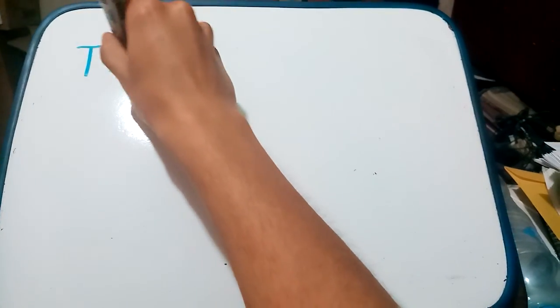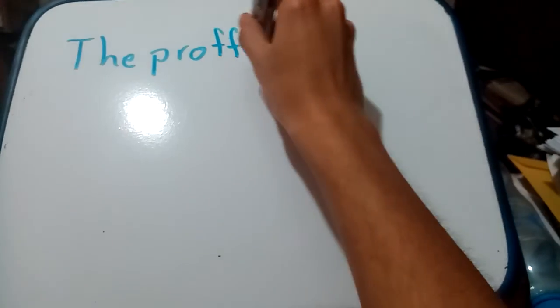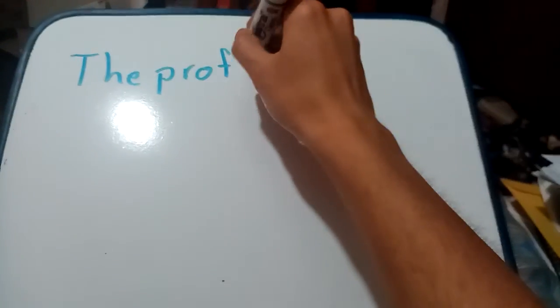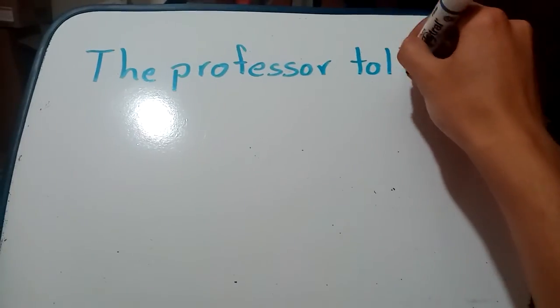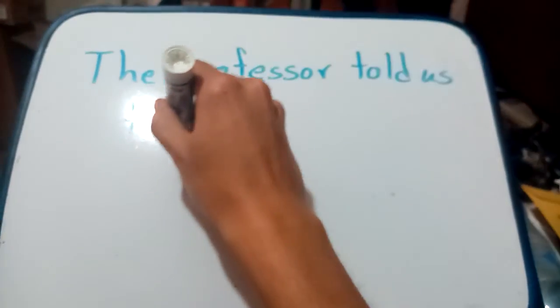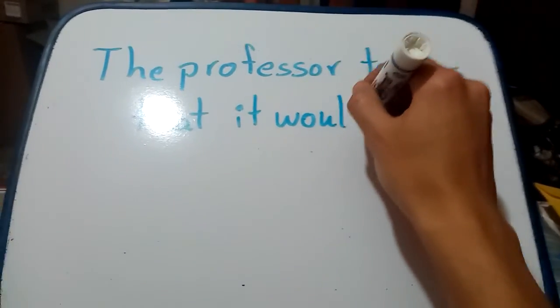Sometimes whenever you write these reported speech sentences and so on, you tend to say, the professor, sorry, it's with double S, not double F. The professor told us that it would rain.